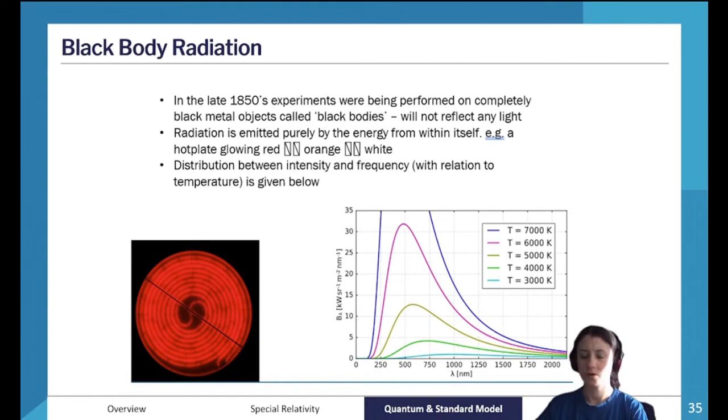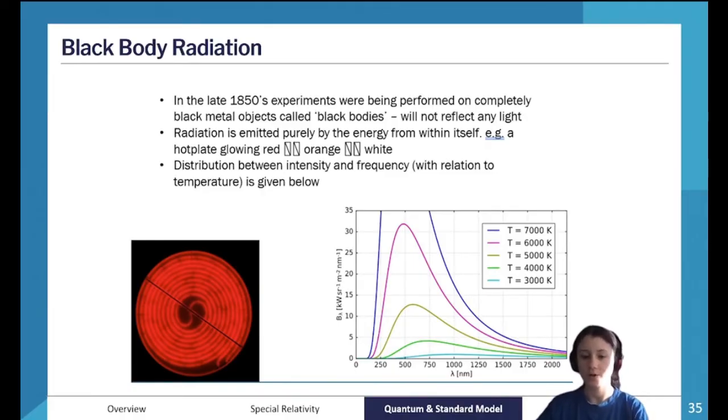So far we've gone through Young's double slit experiment, which showed that light behaved as a wave. Now we're going through black body radiation, and this showed that light behaved as a particle. Later on, we're going to go through the photoelectric effect, and that showed that light behaved as a particle as well. So, let's go through the concept of black body radiation.